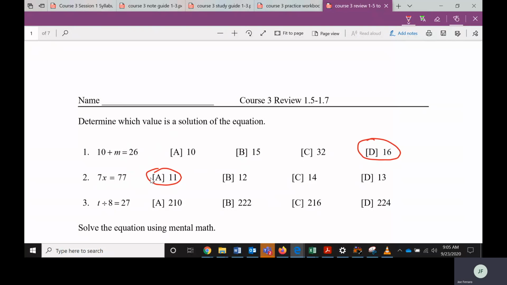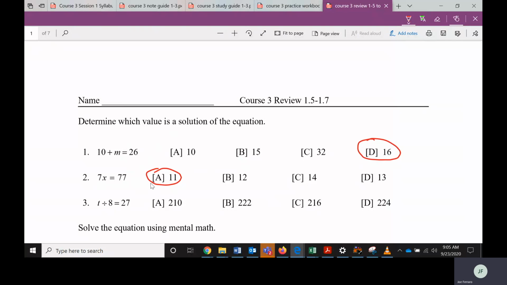This one is a little tougher. Number 3, you may have to pull out the calculator for this one. You need to think what divided by 8 equals 27. You could just start typing them in, like 210 divided by 8.